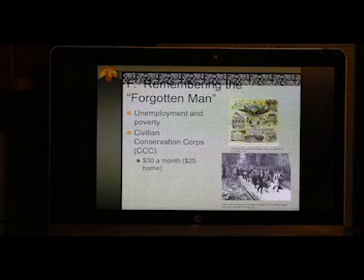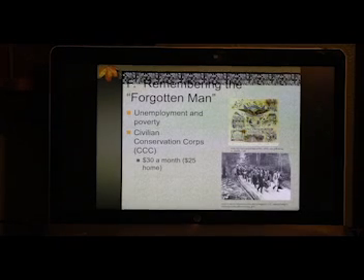It enrolled more than 300,000 people, or men, because women weren't a part of this. Basically, it paid them $30 a month, even though $25 of it had to go back to the home.